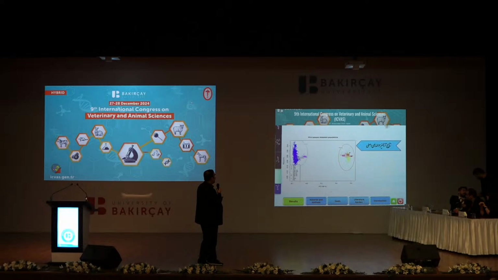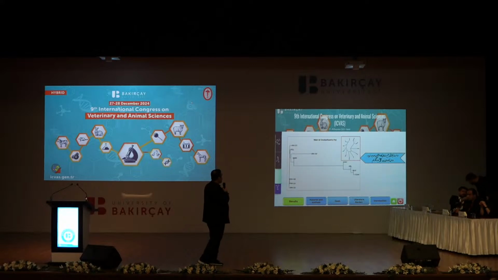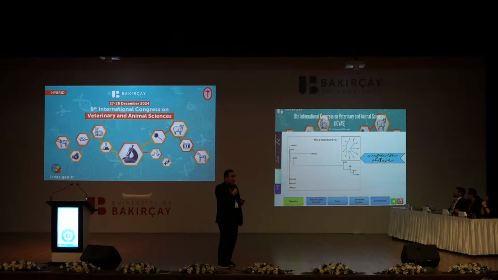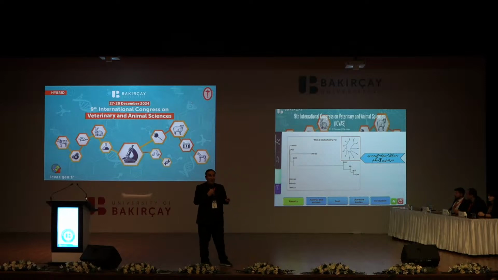So, finally, this is the final message of my presentation and last slide. It means that some of the countries' Holsteins have a high similarity between the Iranian Holstein and that country's Holstein. What does it mean?